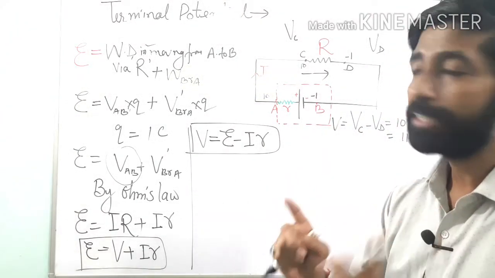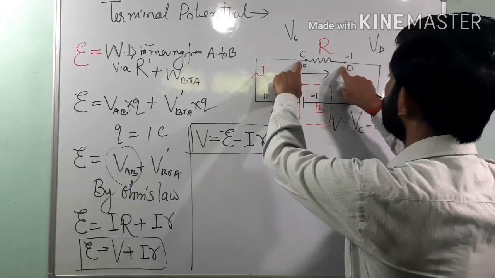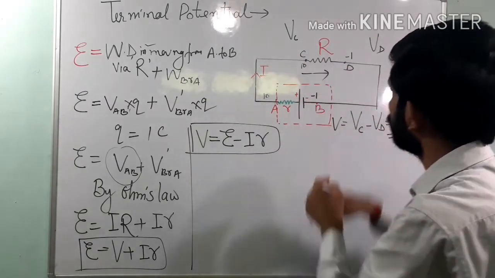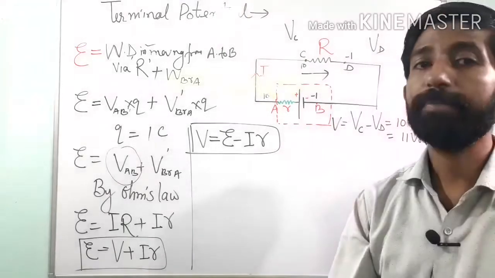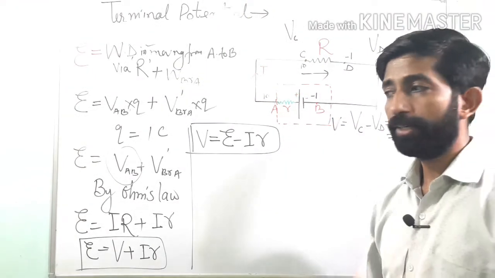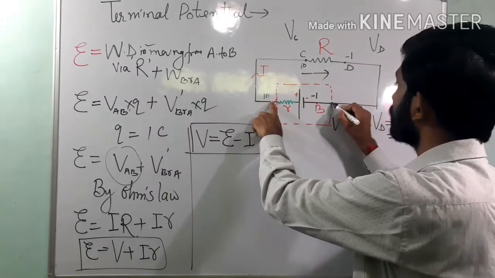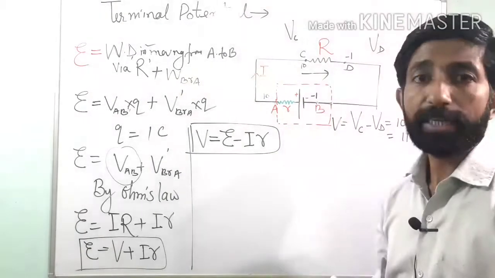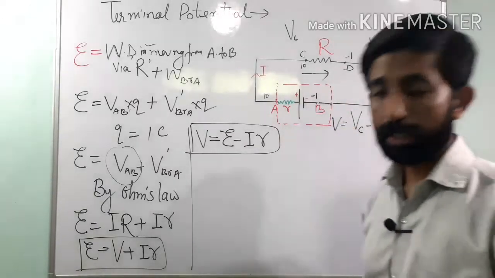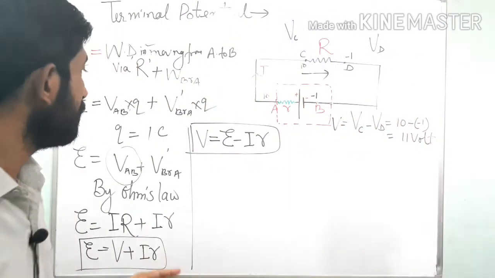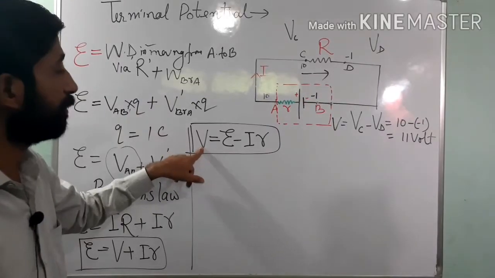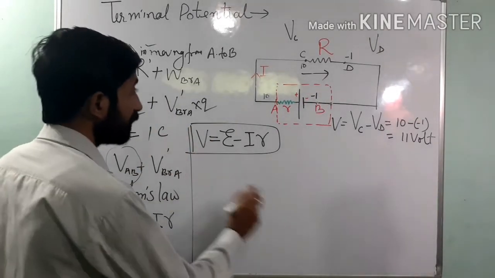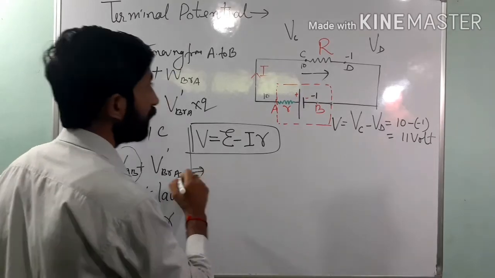So whatever is the potential across the ends of the conductor or ends of the resistance when the current is being drawn, the same will be the potential across the ends of the cell, that is A and B. Okay, the same will be the potential across A and B, and that is known as the terminal potential of the cell.